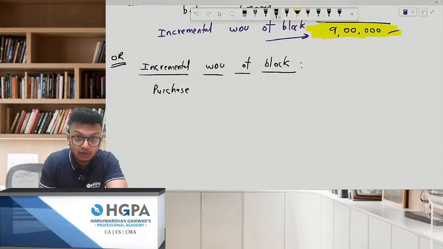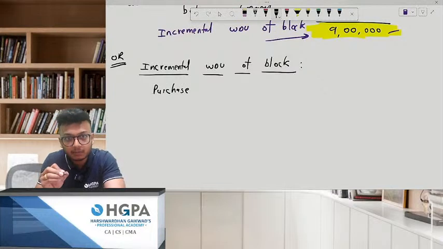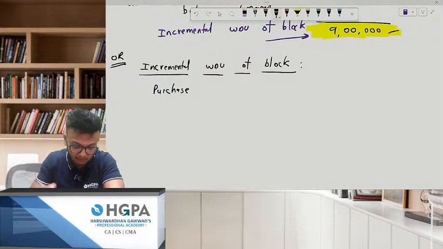Don't write in the exam 'same as step number 1'. Very many people have that habit. No, not 'same as above'.